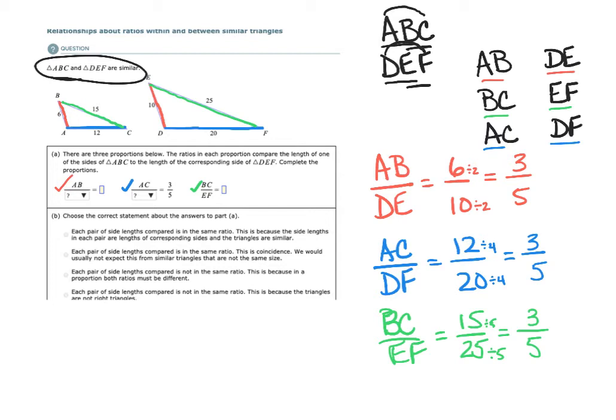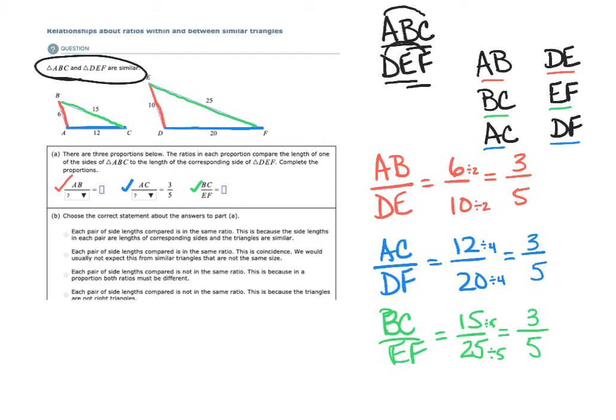All right, now that I know that all corresponding sides, the sides that the problem told me corresponded based on the order in which they gave them to me, are all in ratios of 3 to 5, I can now answer part B. So in part B, I'm given 4 options. The first one, each pair of side lengths compared is in the same ratio. That is true.